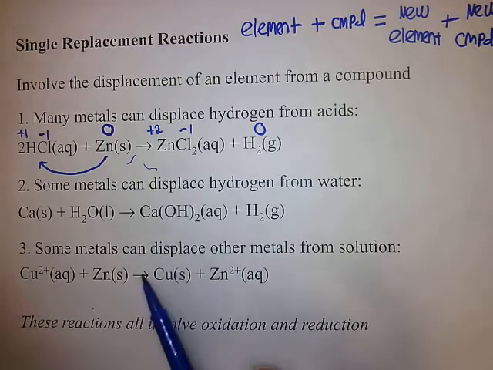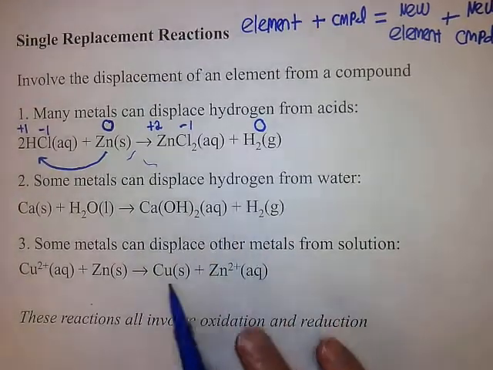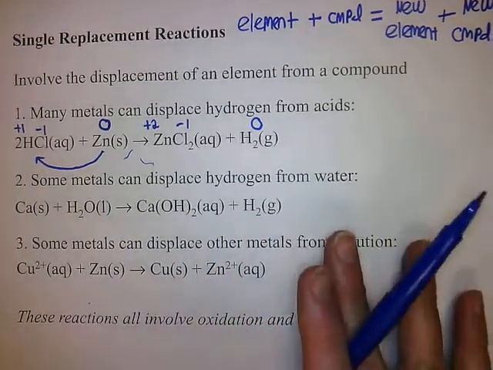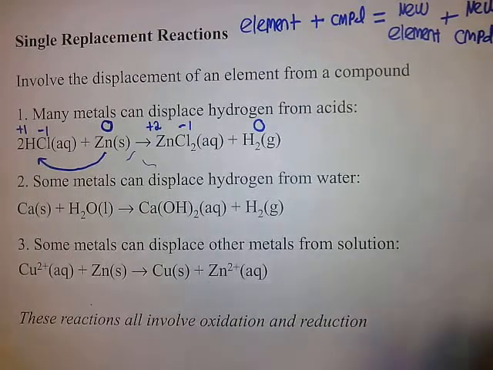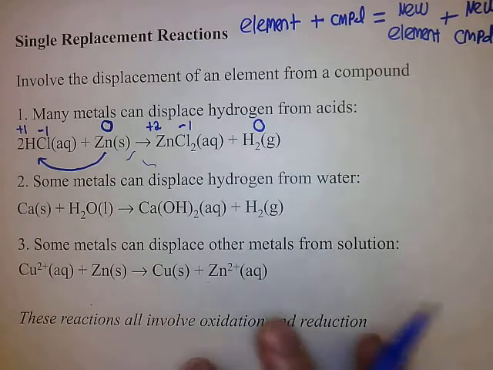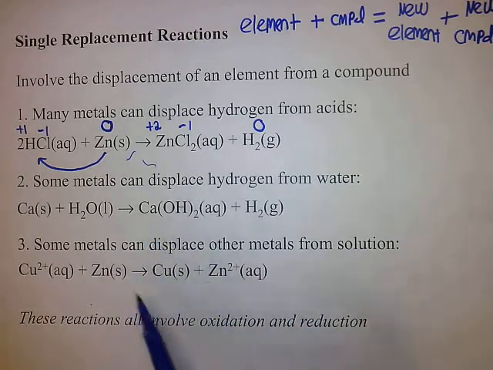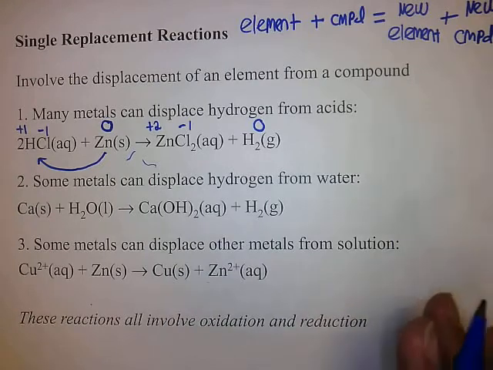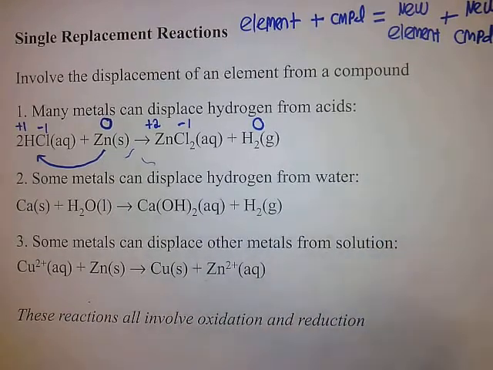Now everybody's familiar with copper because pennies are made out of copper, or at least they have a copper shell around them. They used to be made out of pure copper, and now it's just a copper plating. But anyway, everybody's familiar with copper. It has that reddish color to it. Okay, as this reaction proceeds, that copper is going to start plating out.